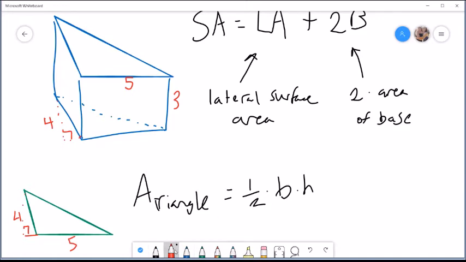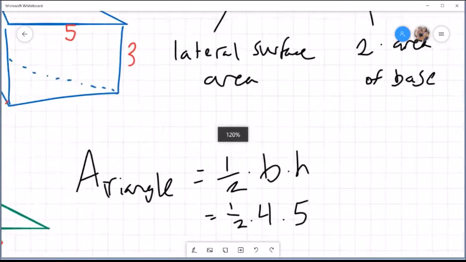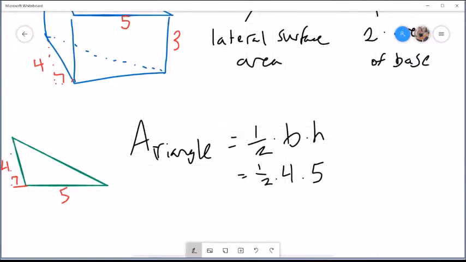So for the area of our triangle, we're going to be doing half times 4 times 5. There's a couple ways you can think about that. Half of 4 is 2, 2 times 5 is 10. You can also think of it as 4 times 5 is 20, 20 divided by 2 is 10.